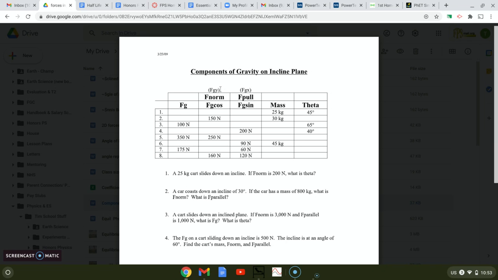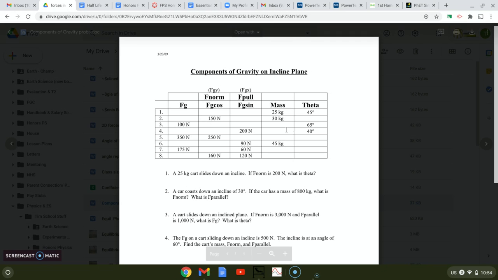Okay. Now, I do not like FGY and FGX. So for FGY, cross that off and write in F perpendicular. And for FGX, cross that off and write in F parallel, like I showed you. And remember, F perpendicular is equal to F norm. F parallel is equal to F pull, right?